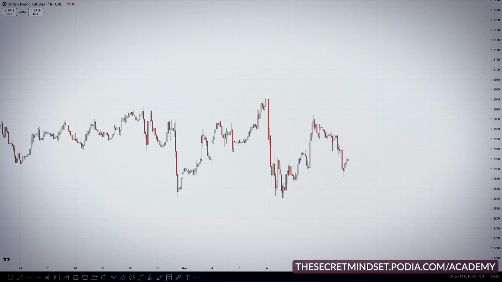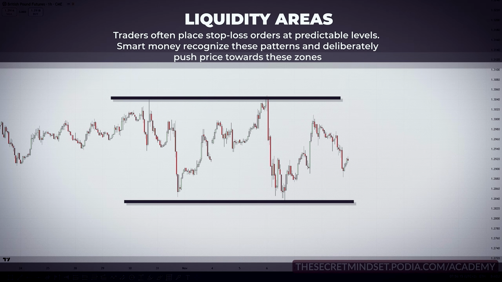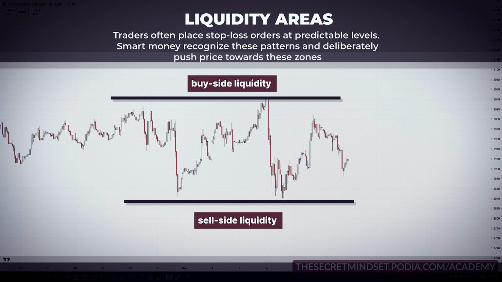The process works like a strategic trap. Traders often place stop-loss orders at predictable levels. Smart money traders recognize these patterns and deliberately push price towards these zones. When triggered, these stop-loss orders generate what traders call sell-side liquidity or buy-side liquidity.